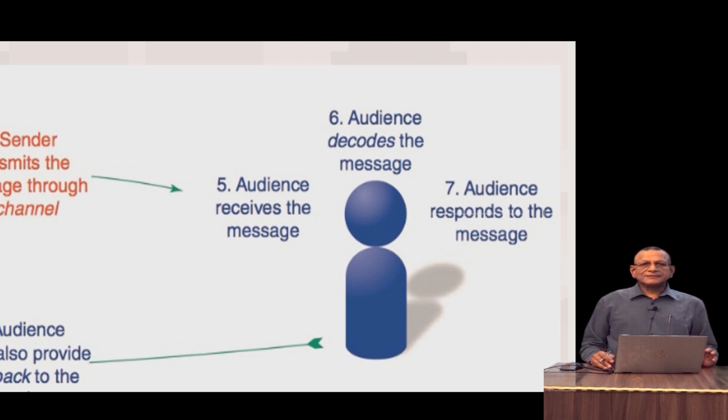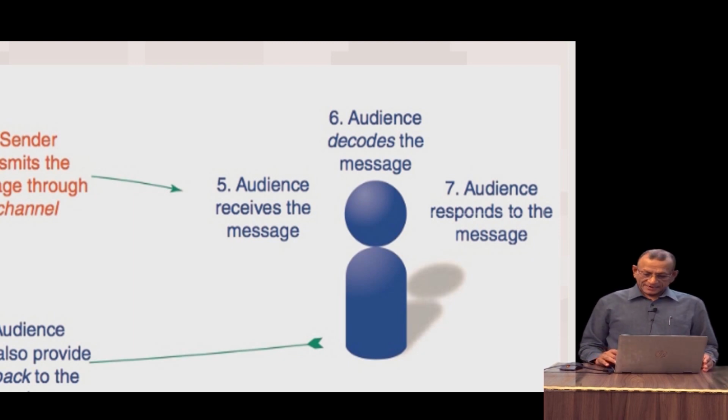Now, sixth is audience decodes the message. Means the audience has read it, trying to understand, means decoding. This is opposite to the coding which sender has done in stage 2. Then stage 7, audience responds to the message. Means the person will say that, yeah, I'm bringing the glass of water for you.